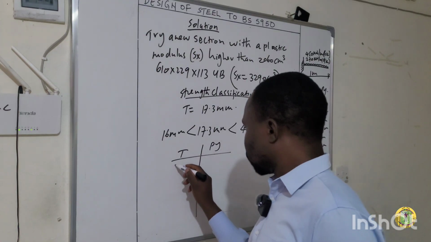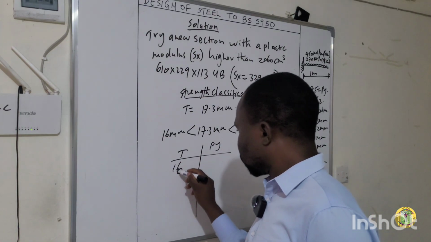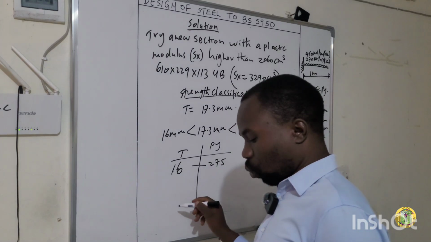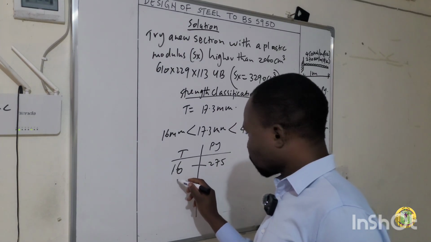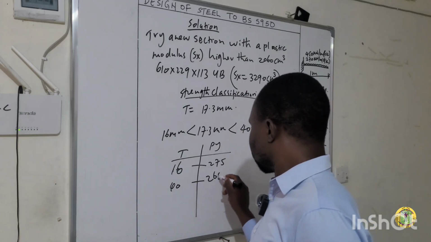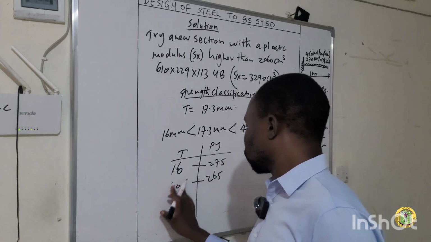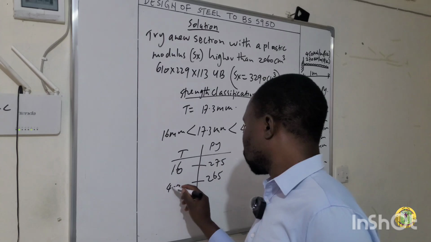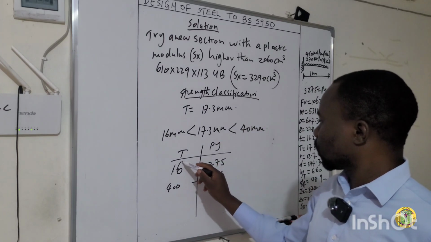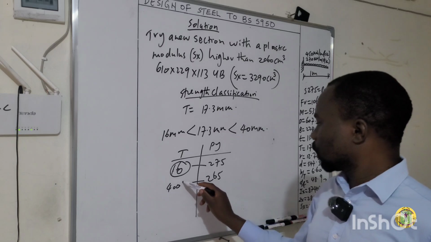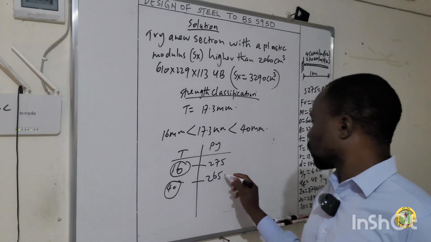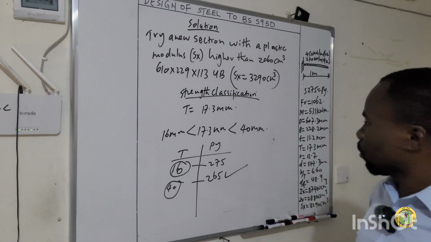So we have 16, which corresponds to 275. We have 40, which corresponds to 265, and so on. As you can see, this 17 is greater than this, but it is less than this 40. So it means the strength class is 265.